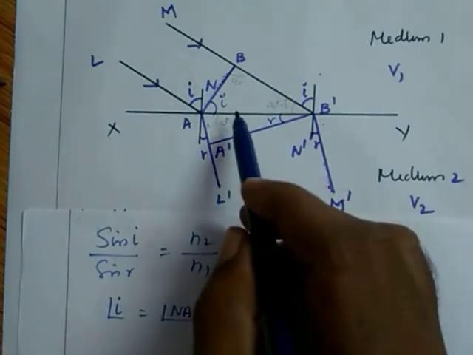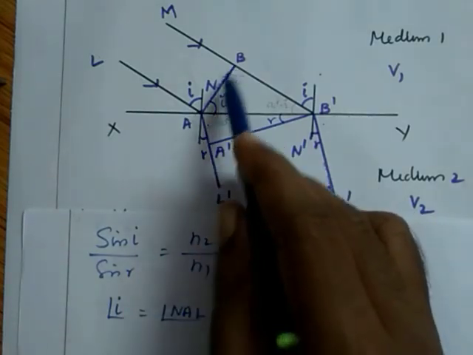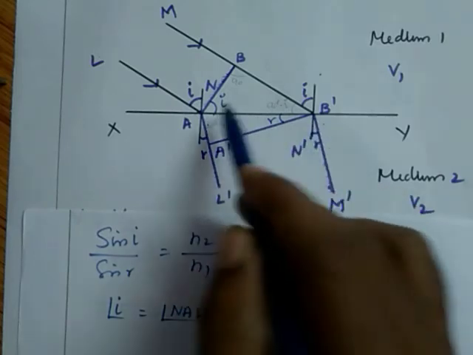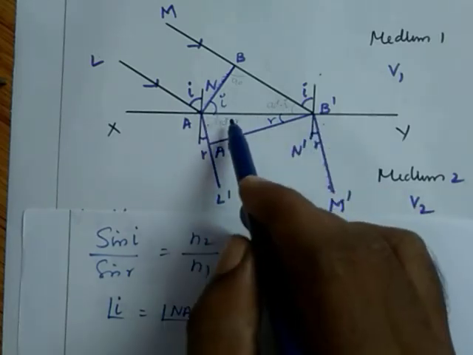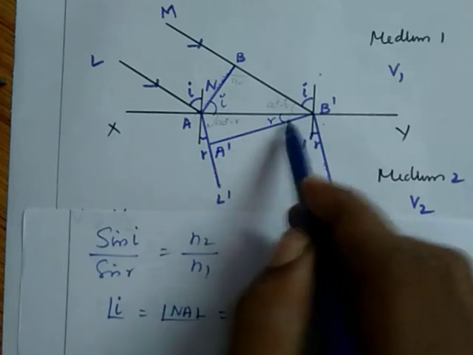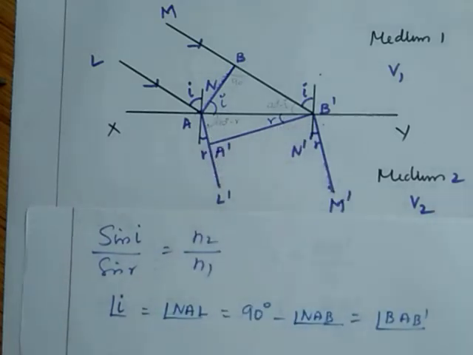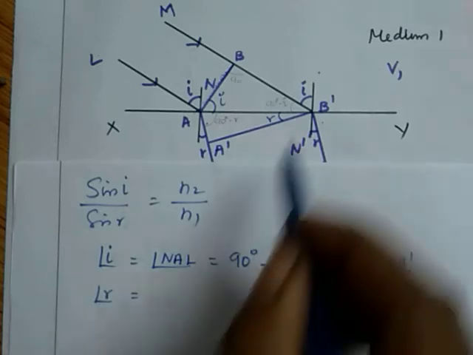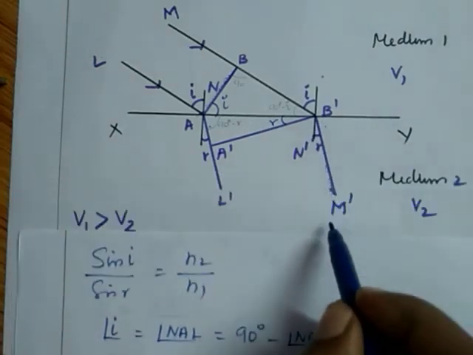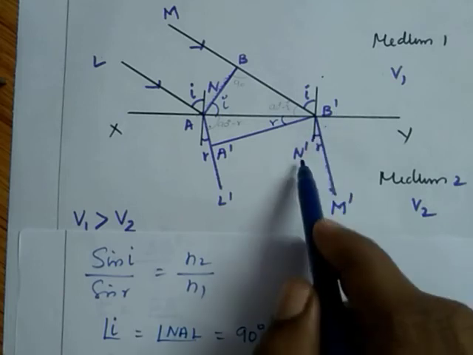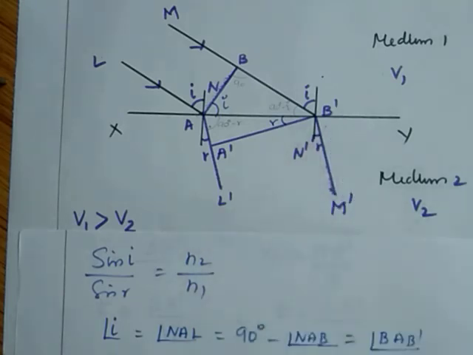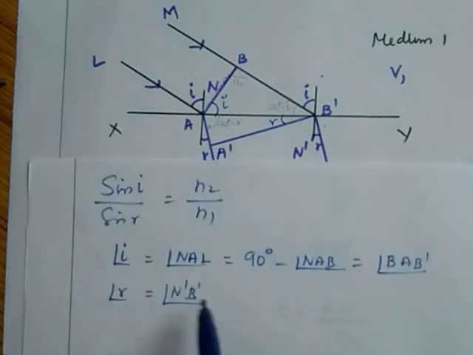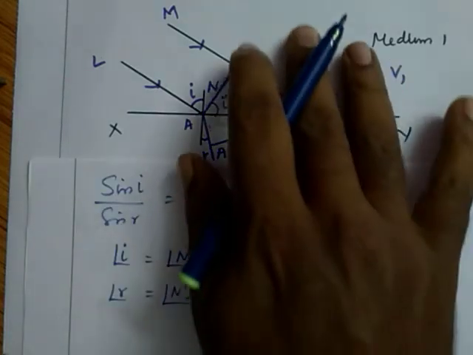Or we can simply say the angle between the incident wavefront and the surface is i, and the angle between the refracted wavefront and the surface is r. Then the angle of refraction r is equal to angle N'B'M'.